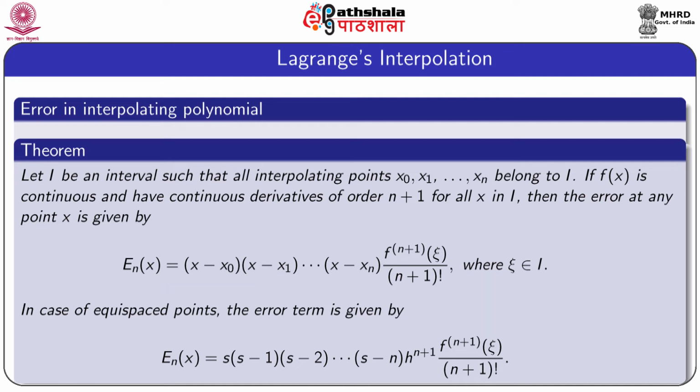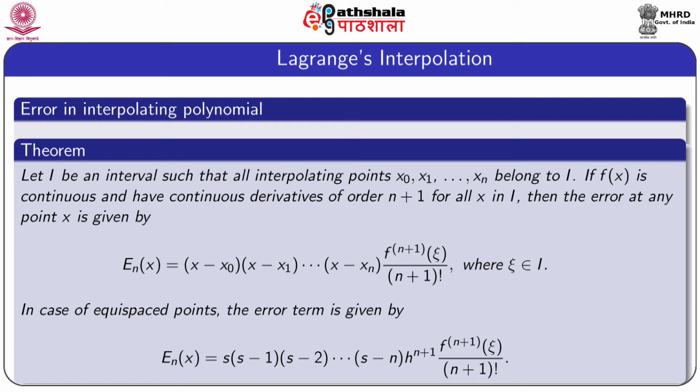So, in case of equispaced points, the error term is given by E_n(x) equal to s(s minus 1)(s minus 2) up to (s minus n) into h to the power n plus 1 into the (n plus 1)th derivative of f at xi, whole divided by factorial n plus 1, where xi belongs to the minimum and maximum arguments.